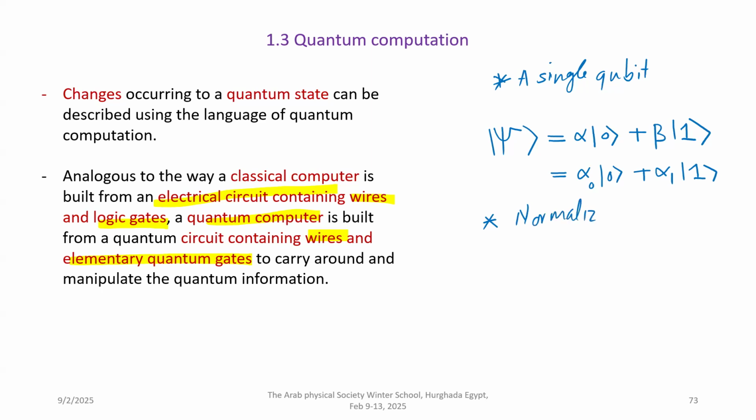You need to remember this when we talk about a single qubit. We said that alpha 0 squared plus alpha 1 squared has to be 1. If you make a measurement on the qubit, you get a 0 or 1, and the probability is going to be alpha 0 squared or alpha 1 squared.